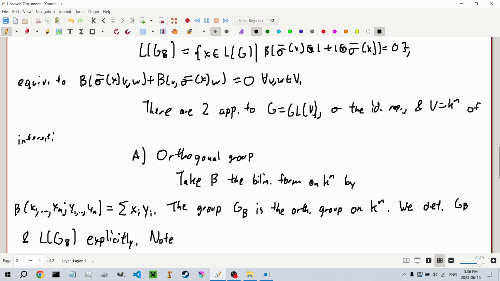Note that beta u is going to be an endomorphism here of k to the n. So beta of u x and y is beta of x, u transpose of y, for all u being an endomorphism of k to the n and x and y in k to the n.